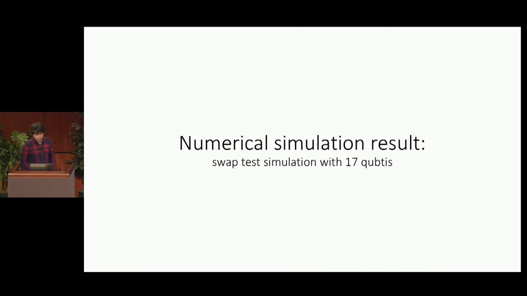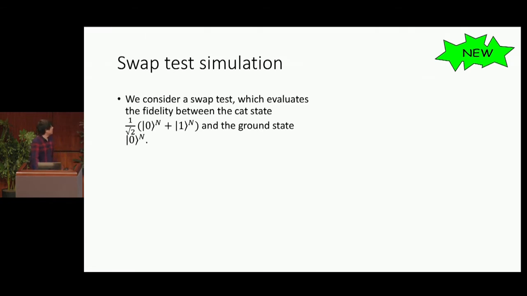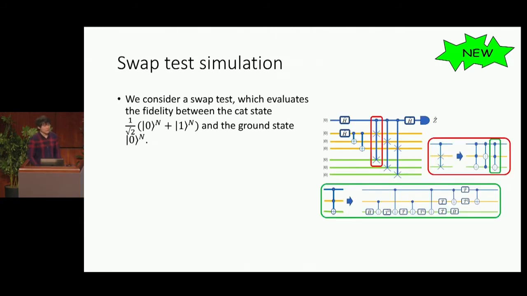So next, I will show some numerical simulation to compare these three error mitigation methods. The simulation is a swap test simulation using 16 qubits. Here, the swap test, in general, is to evaluate the fidelity between two states. Here, the two states are the GHZ state and the ground state.